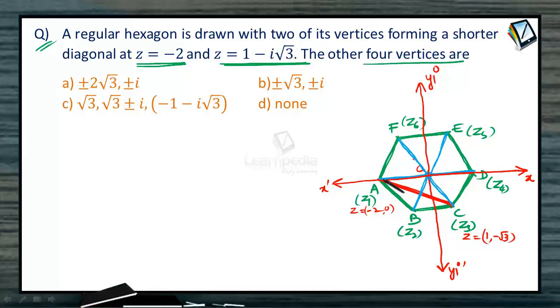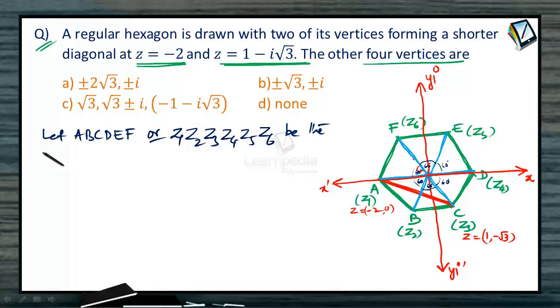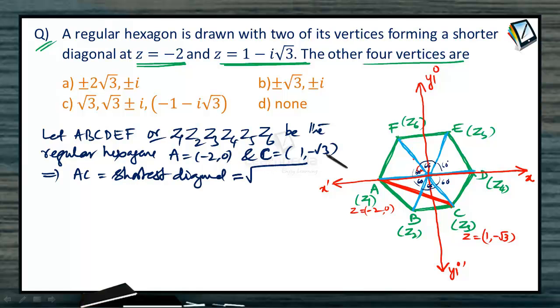In this hexagon, each angle is equal to 60 degrees. As it is a regular hexagon, each is equal to 60 degrees. Let us take A, B, C, D, E, F, or Z1 to Z6, to be the regular hexagon where A is (-2, 0) and C is (1, -root 3).